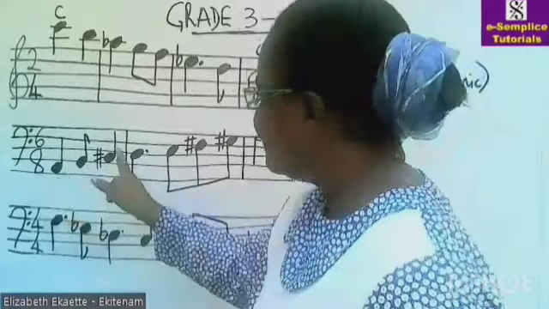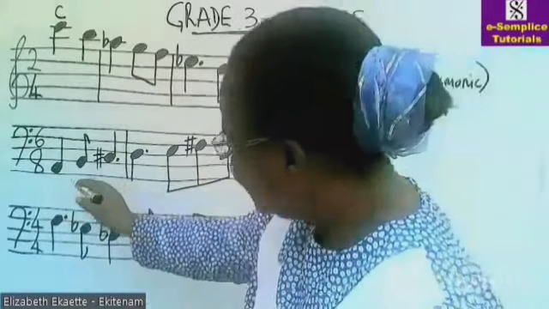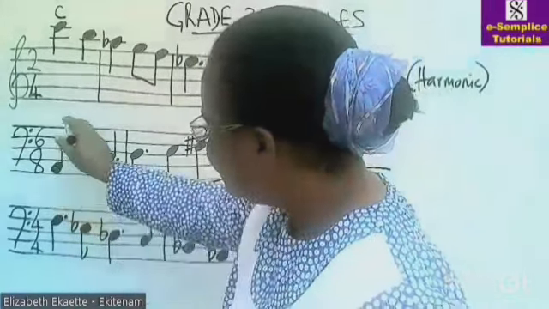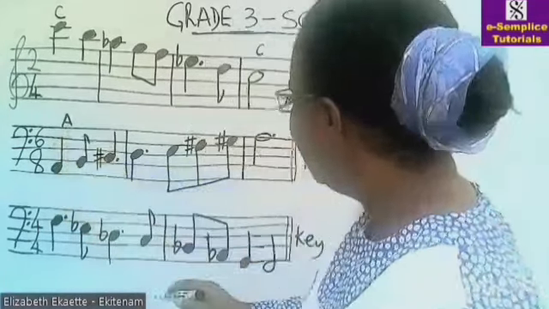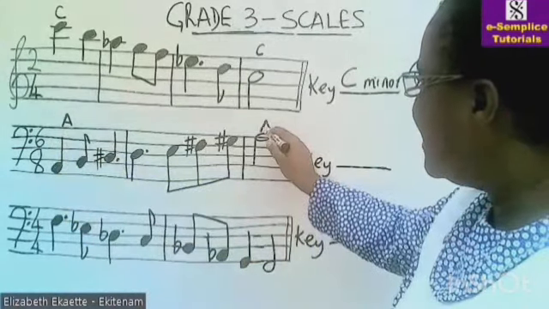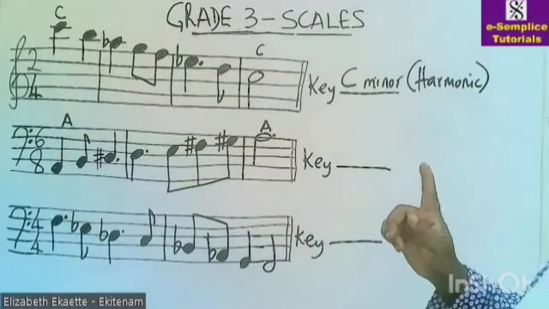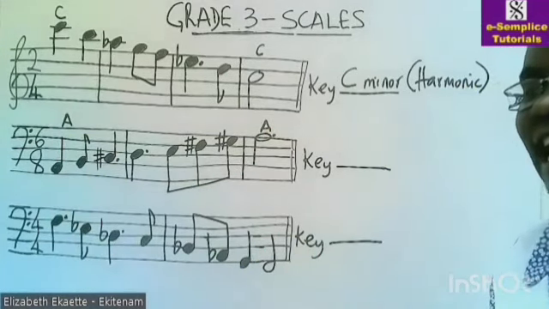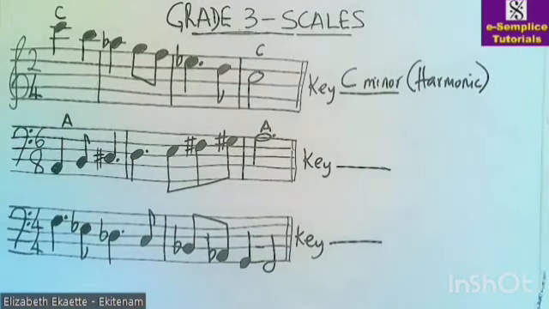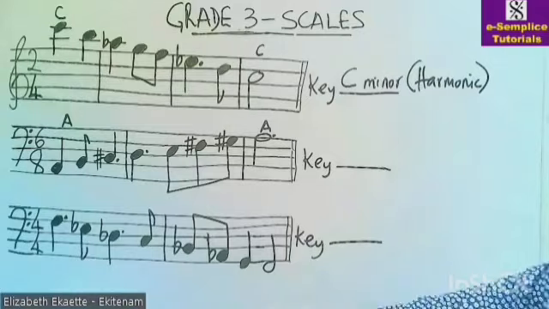The second one, we apply the same method. Read out the first and last letter of your note. This is A, and this is A. Remember, I said that's a good pointer. So we are looking for a key that has A as the first letter. Let's collect the accidentals.